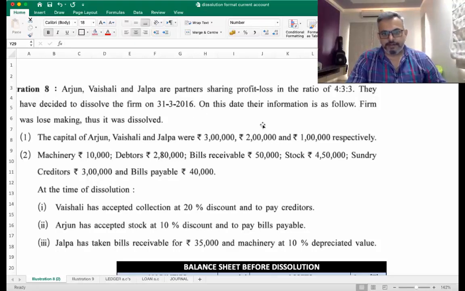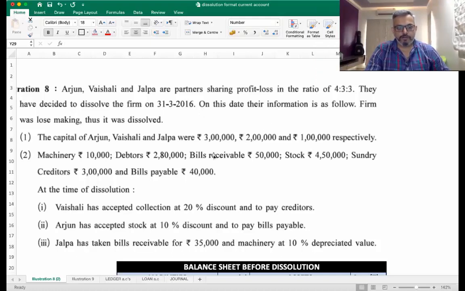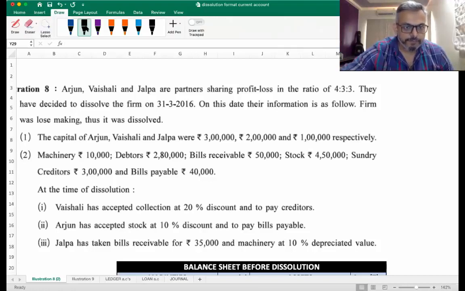On this date, their information is as follows. Firm was loss making, and please underline this statement. It's really very important.